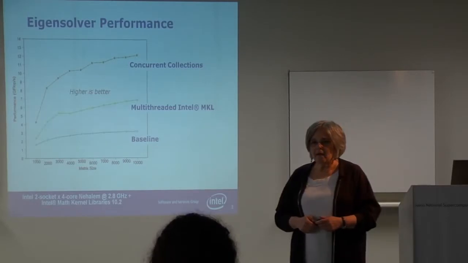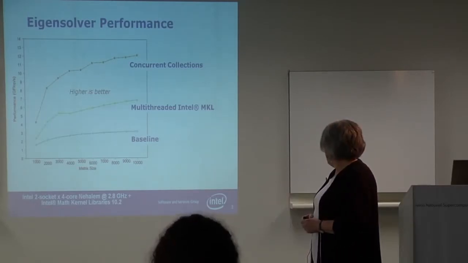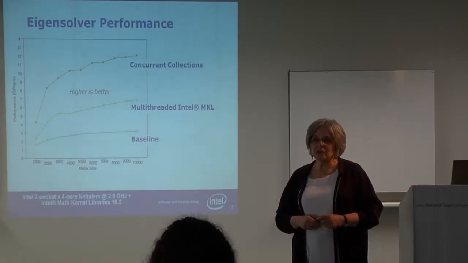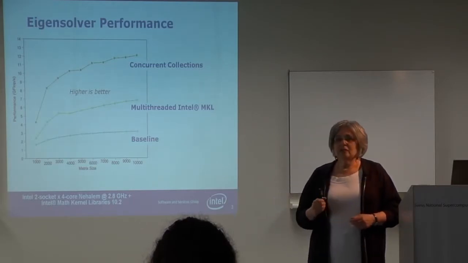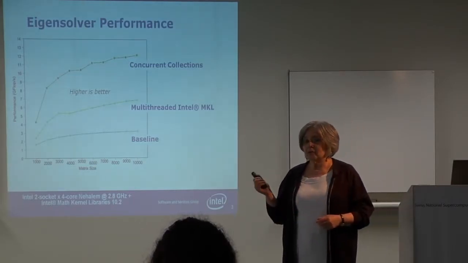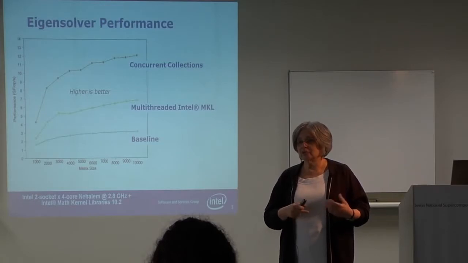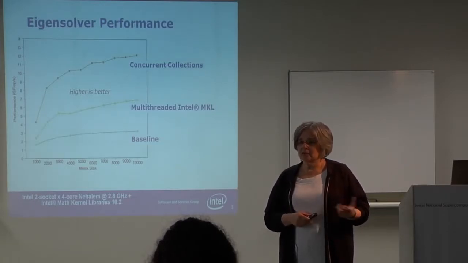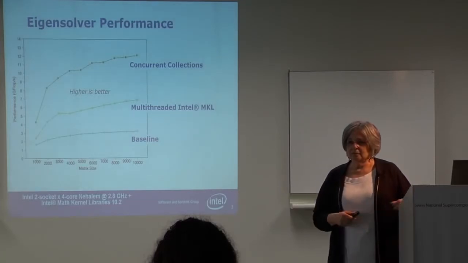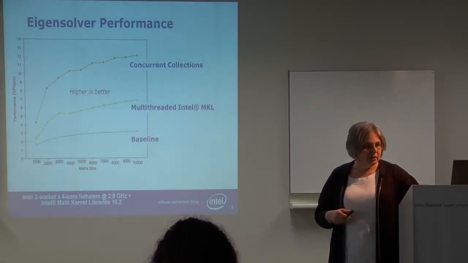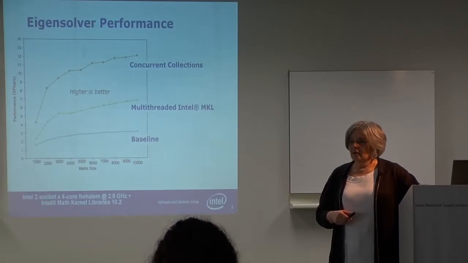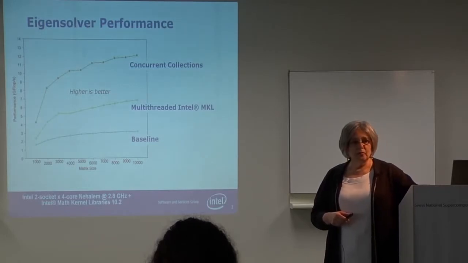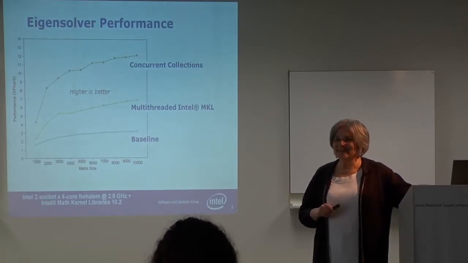Do you know if there's a significant difference in MKL 11 and 10? No, I don't. I do know that we're in discussions with the MKL group, and there's some possibility that they will use this approach in some of their library routines. So they've expressed an interest. Anything else before I move on to say what the model is?